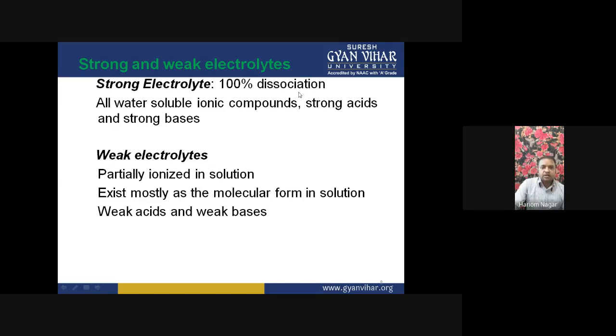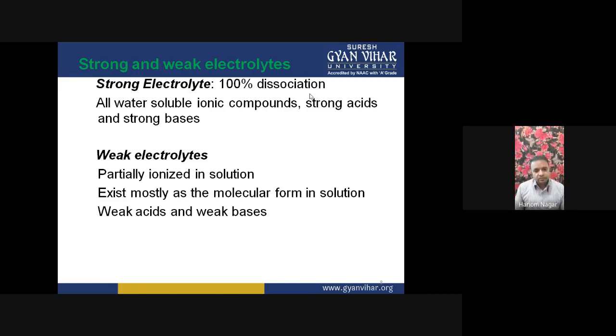Suppose we dissolve 1 mole of NaCl or 1 mole of NaOH in water, then the whole 1 mole of NaOH dissociates into Na plus and OH minus ions. Then these are called strong electrolytes.